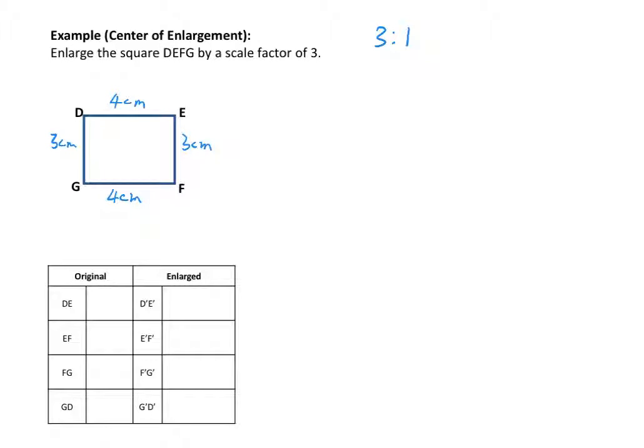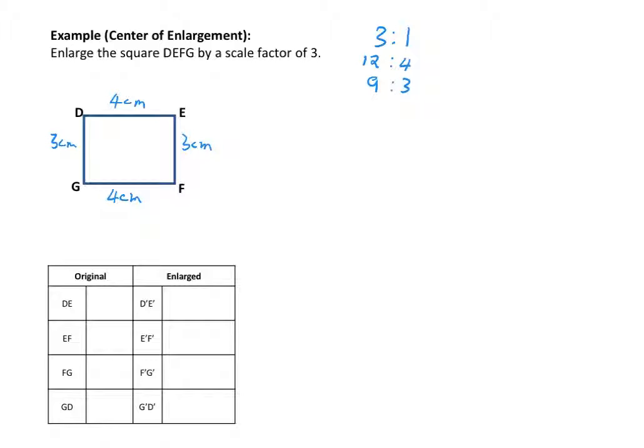So if I've got a side of 4 centimeters in my original image, then I'm going to have a side of 4 times 3, so 12, in my new enlarged image. And then if I've got a side of 3 in my original image, I'm going to have a side of 3 times 3 being 9 in my new enlarged image.